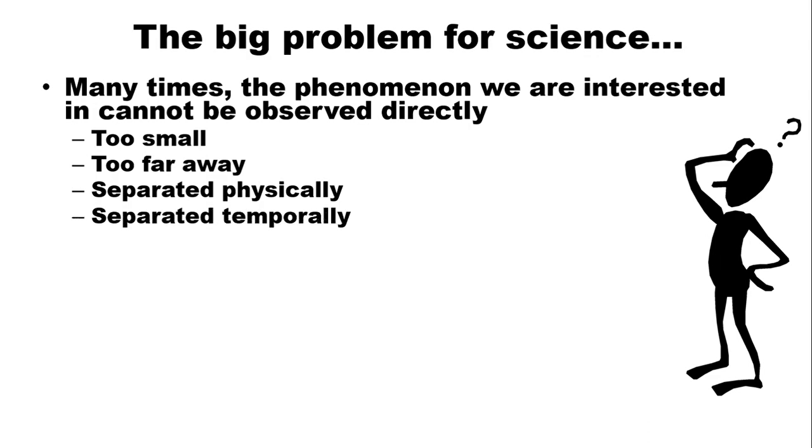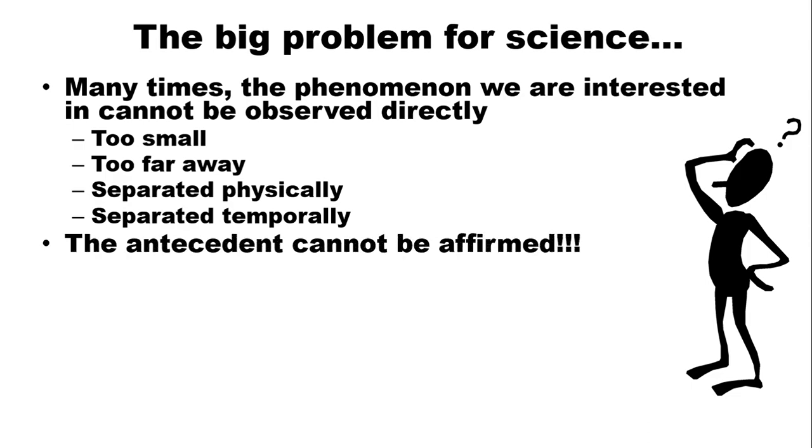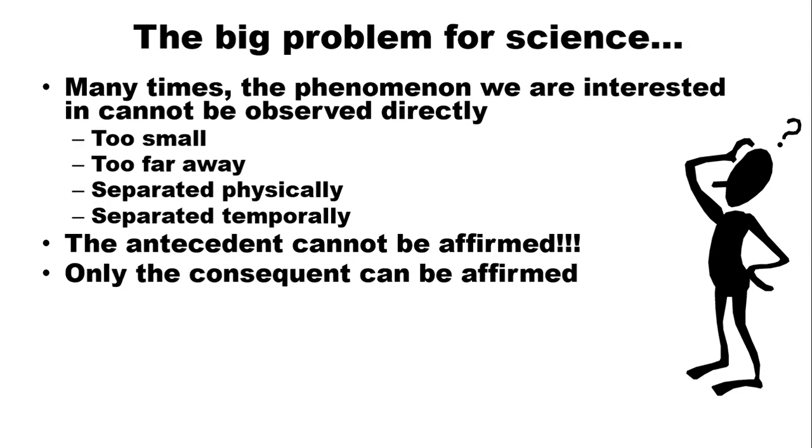It might be separated from us by time, like the Big Bang. Those are all the antecedents. We can't observe those things directly. And so we can't affirm the antecedent, which would be logically correct. The only thing we can affirm or deny is the consequent, the results of this phenomenon that we can't observe.